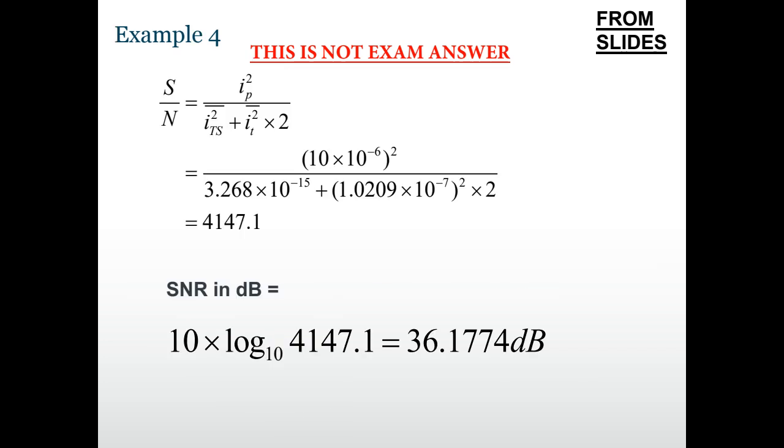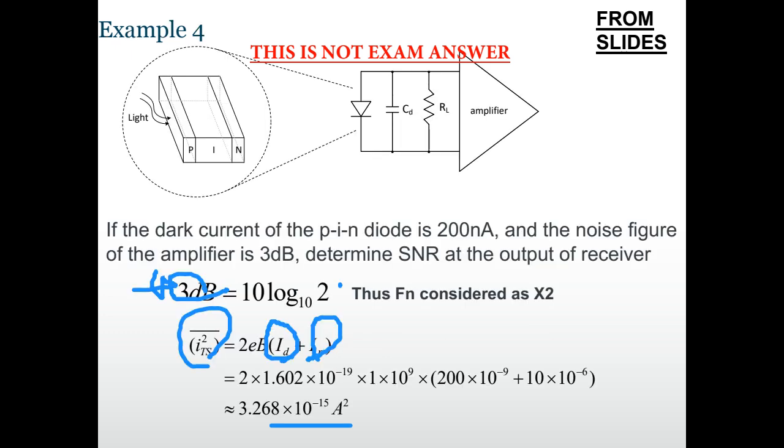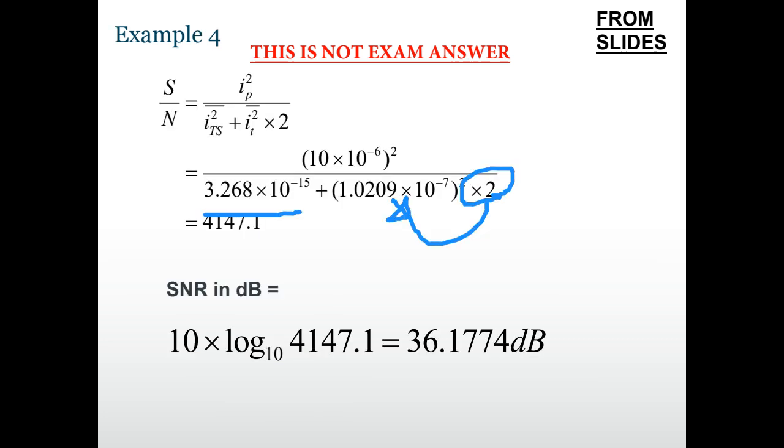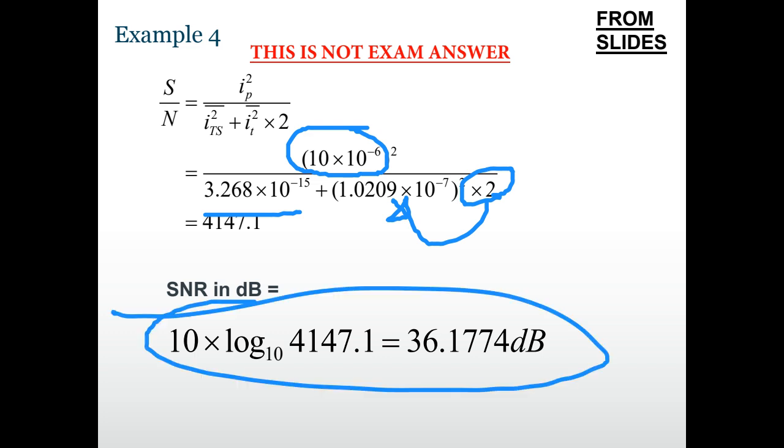So we have the noise figure multiplied by thermal noise, plus the shot noise. Yeah, this is the shot noise. And then the signal power is the current power produced by the photodetector. We calculated this from the previous steps. So eventually SNR is in this form. Okay.